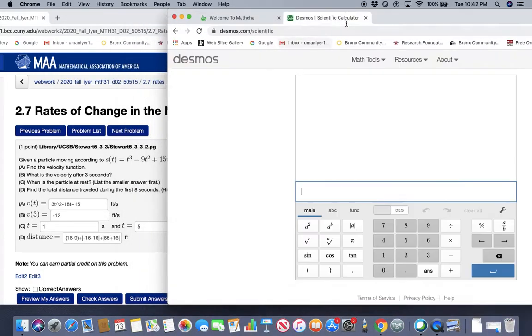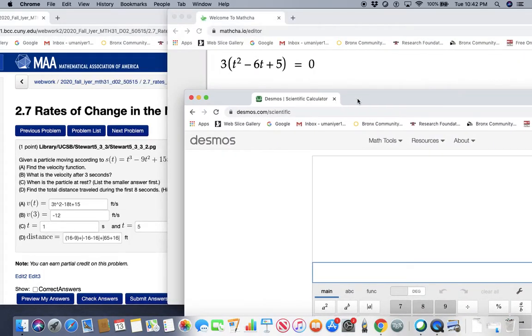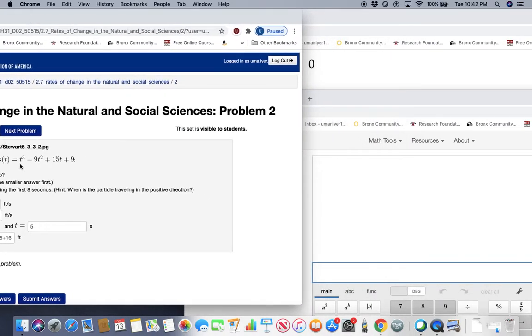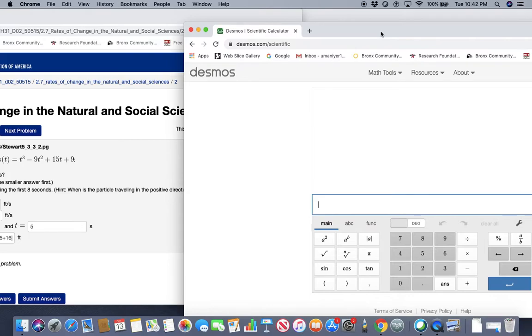That's where I'm getting those numbers from. All right. So s at 1, what do I plug in? 1 to the power 3 minus 9 times 1 squared plus 15 times 1 plus 9.